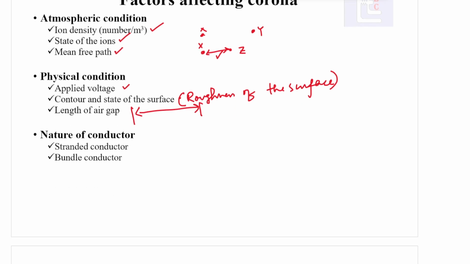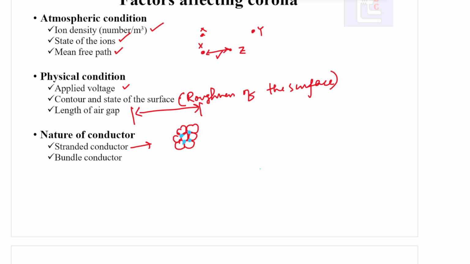And nature of the conductor: if we have a stranded conductor, we have a high probability of getting corona. Why? Because we have these teeny air gaps in these zones. As you see, the V by D ratio is enormous in the regions of this teeny air gap. So due to that factor, the stranded conductor is not good for corona.